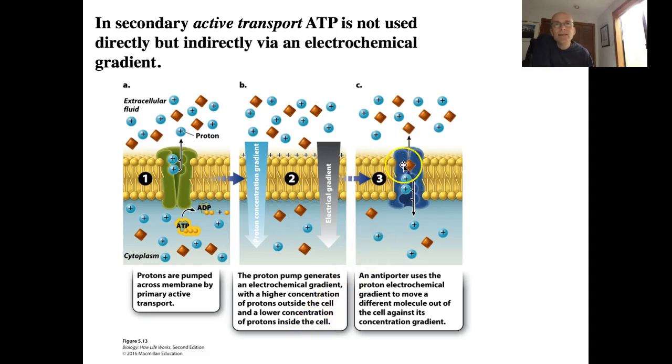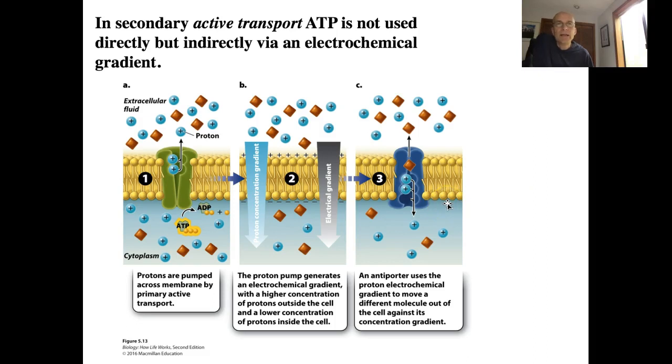And then in this case, you have a molecule called an antiporter, because it brings one thing in and another thing out at the same time. It uses this proton electrochemical gradient to move a different molecule in or out against its concentration gradient. In this case, this molecule goes out at the same time as the protons flow back.